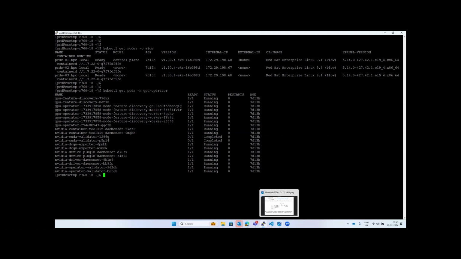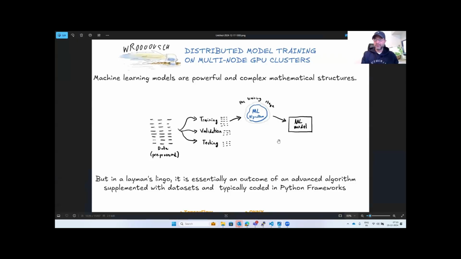Now, essentially speaking, machine learning models, I just drew up these sketches last night to highlight. They are powerful and complex. Essentially, what are they? They are mathematical structures. At the end of the line, these are complex mathematical structures encoded in some framework, right?